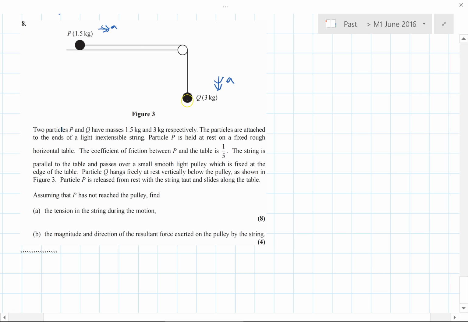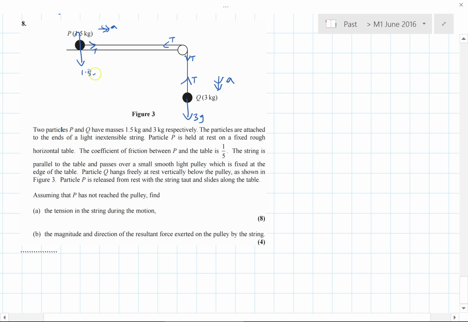And let's just mark on some forces. That's 3g, that's T. Because it says the pulley is smooth, we're going to have tension T the same throughout the string. We're going to use this part later in part B, by the way, but we're actually going to apply F equals ma to both particles.